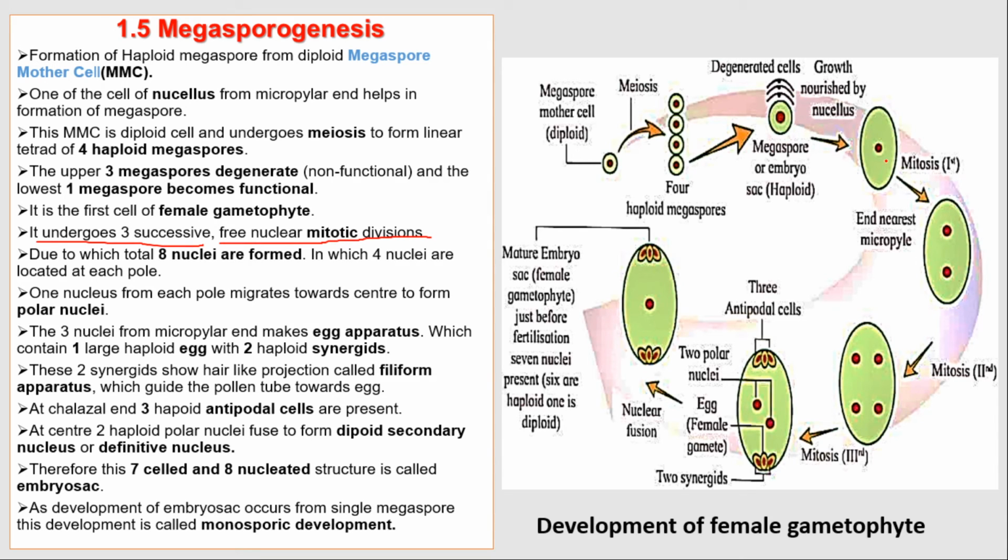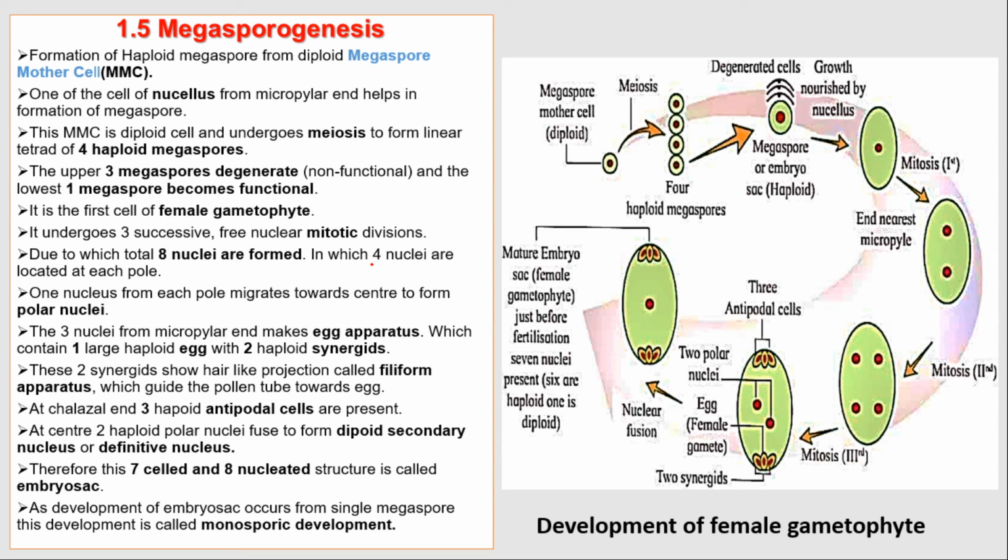Due to these mitotic divisions, 8 nuclei are formed. Due to the first mitosis, 2 nuclei are produced. Due to the second mitosis, 4 nuclei are produced, and due to the third mitosis, 8 nuclei are produced.